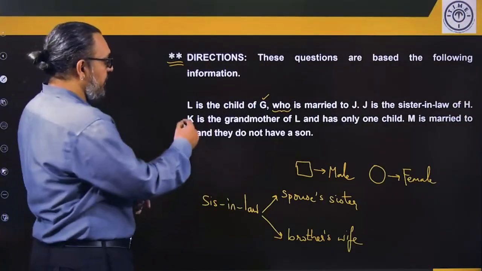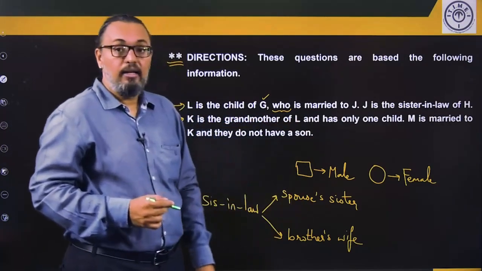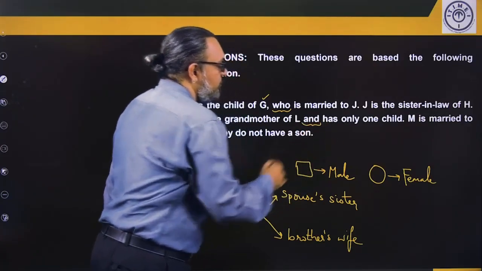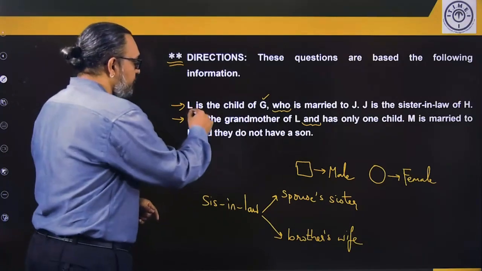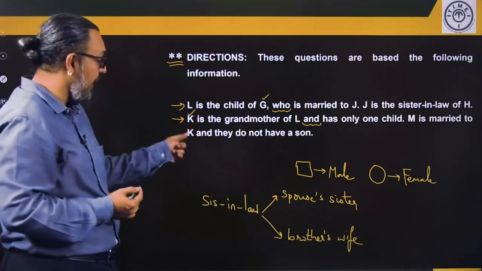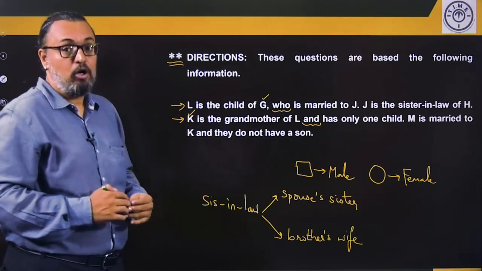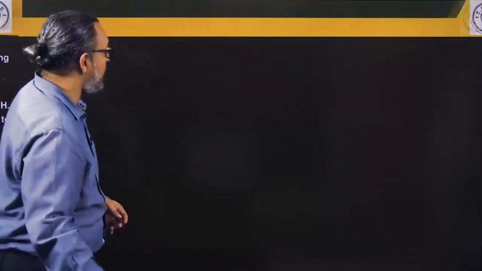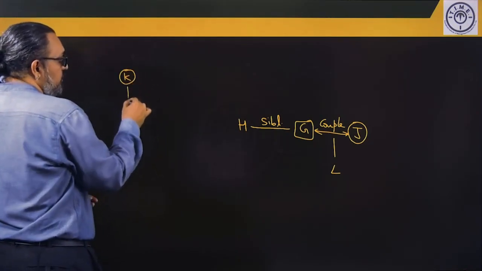Understanding the point? Okay. Then further, what we have here, K is the grandmother of L. When you have "who", it is the person just before it, and when you have "and", it is the first person in that sentence, that is K. So K is a grandmother to L. When you have a grandmother concept, what you have to understand is you will definitely get 3 generations.